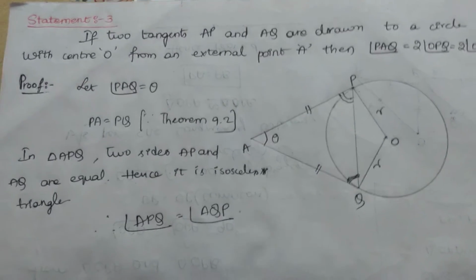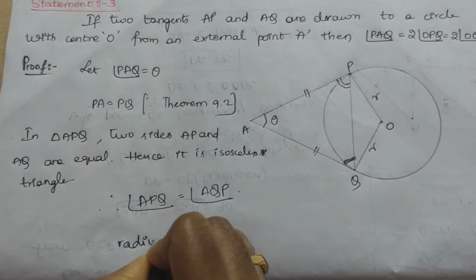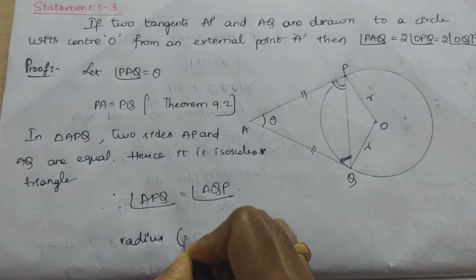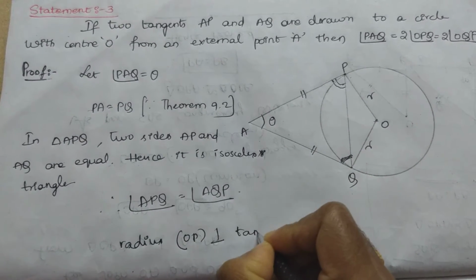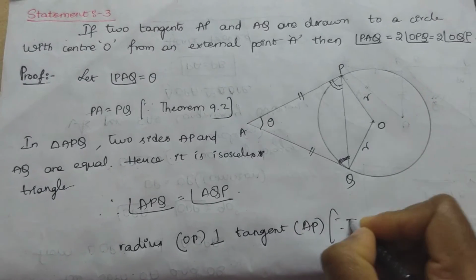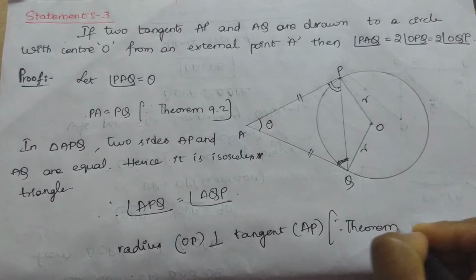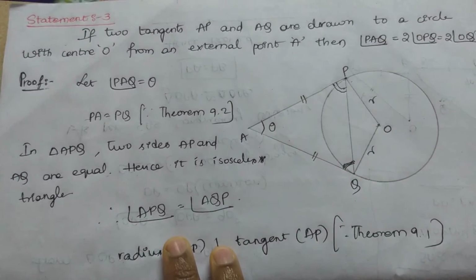So write in brackets, radius OP is perpendicular to tangent AP, since theorem 9.1. So these are the two theorems that we have to recall.